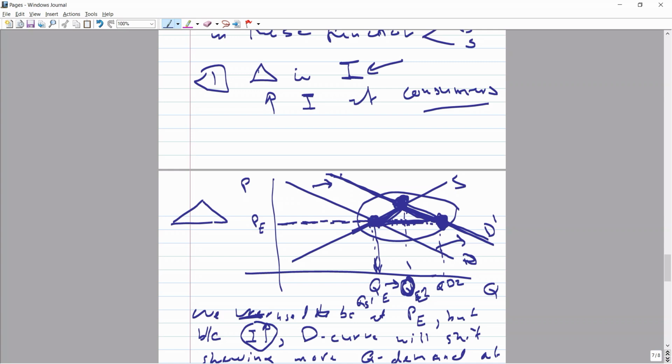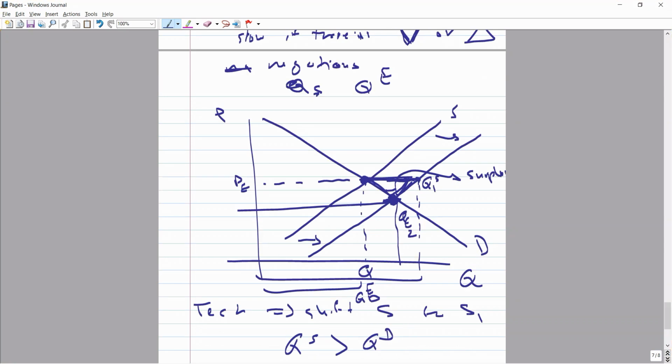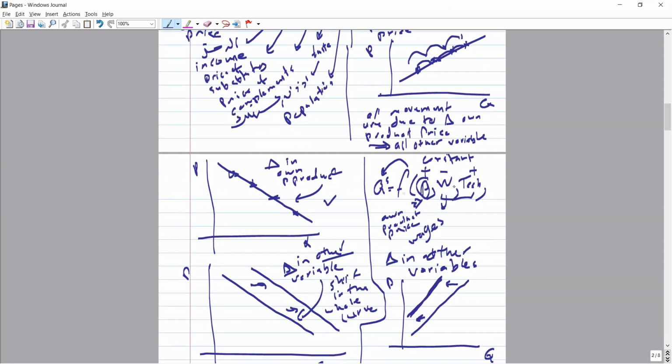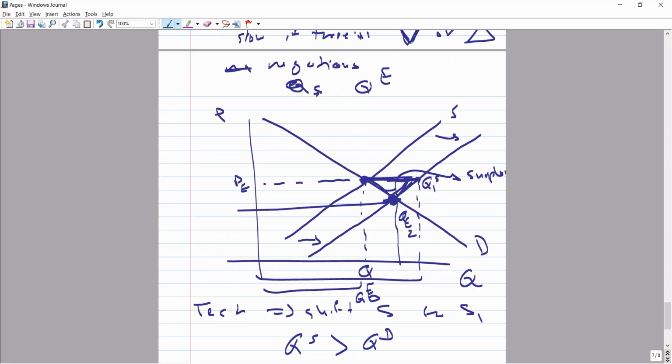Okay, we will go to the supply side and we'll change one of the factors that have impact on the supply side. We said price or wages or technology and maybe others. So in the class we only changed one variable, and that variable was technology.